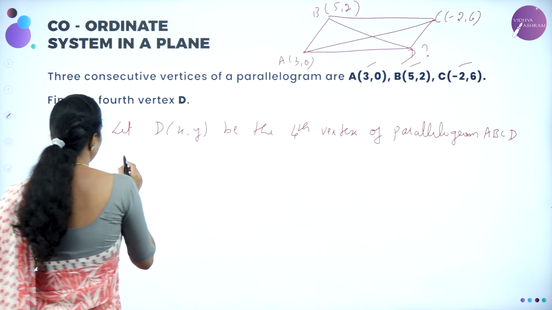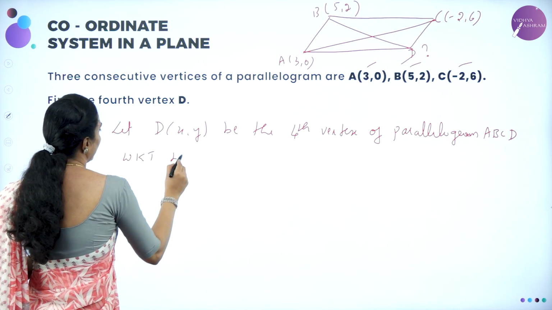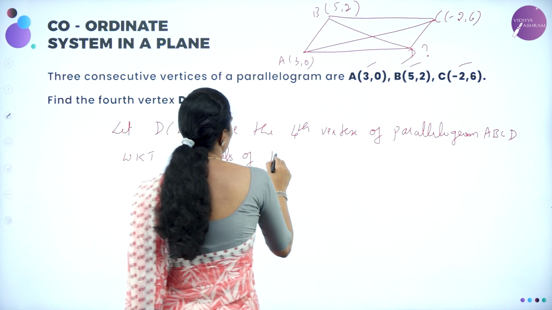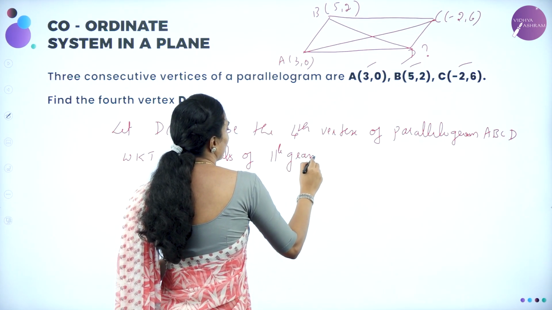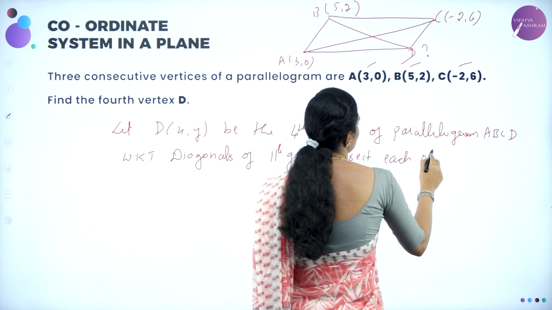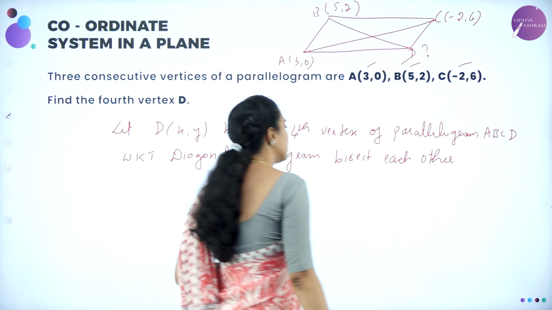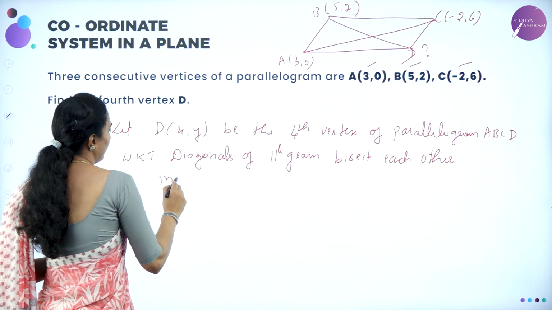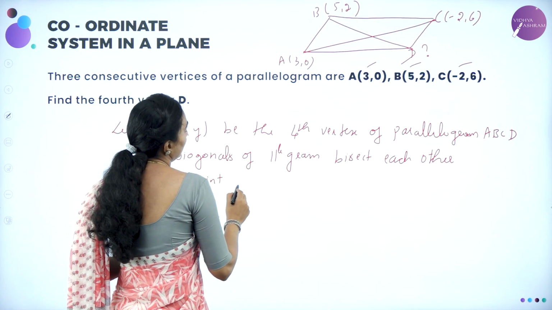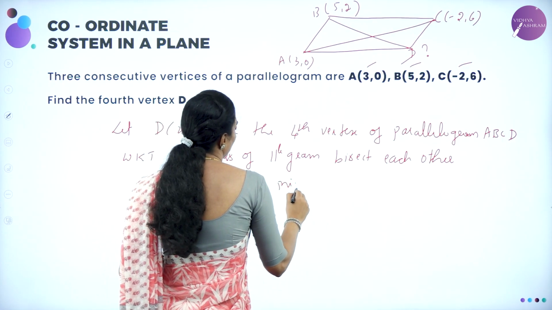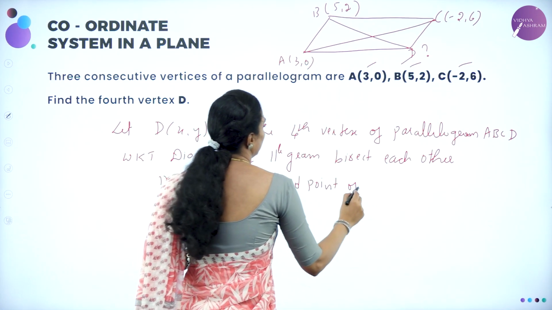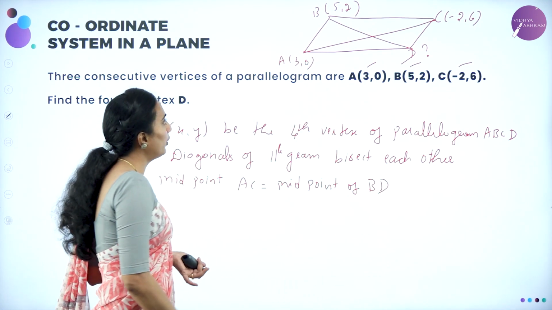We know that diagonals of a parallelogram bisect each other, right? So therefore the midpoint of AC will be equal to the midpoint of BD.